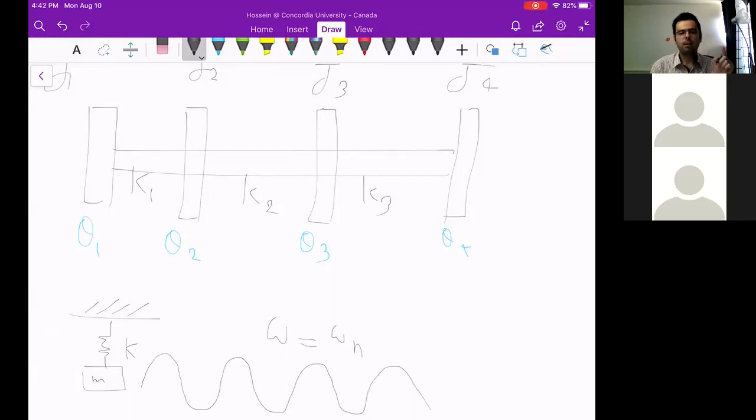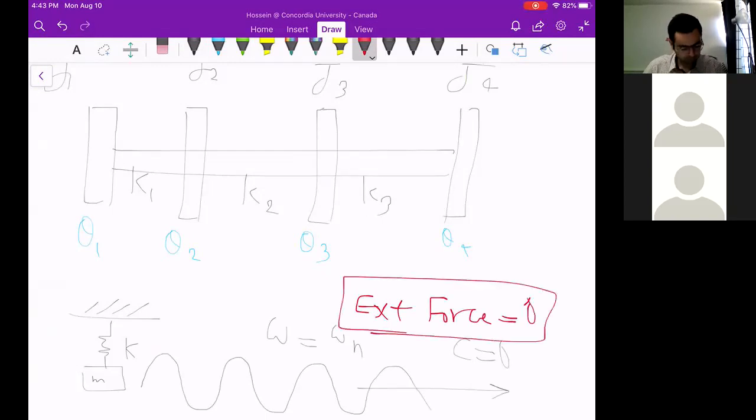If there is no external force, it will vibrate without any decay, right? So for free vibration, the external force is zero. I apply an initial displacement and then release the system, it will vibrate with no external force, and it vibrates only at the natural frequency.